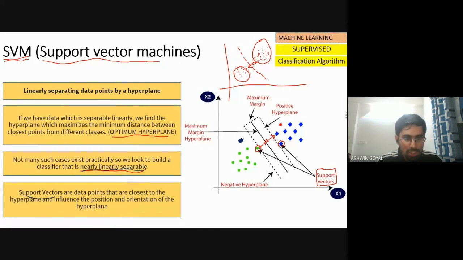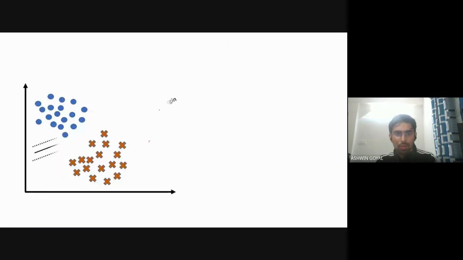Support vectors are data points that are closest to the hyperplane, and these are the deciding factors. These decide the position of the hyperplane. Now, if this orange data point is a bit here, then the hyperplane will automatically adjust to something like this, right? So that is support vector machines.